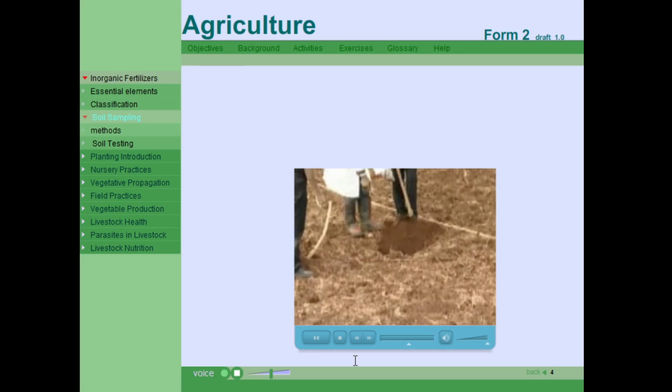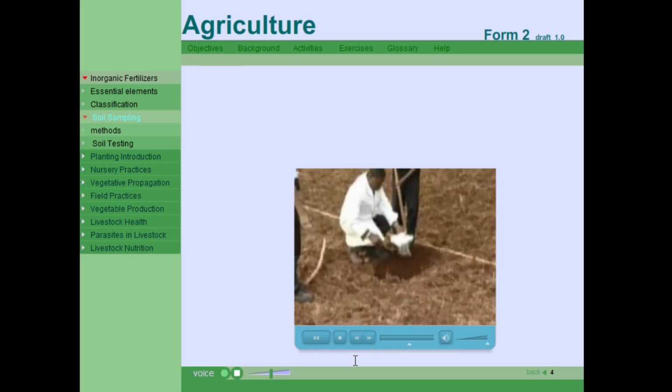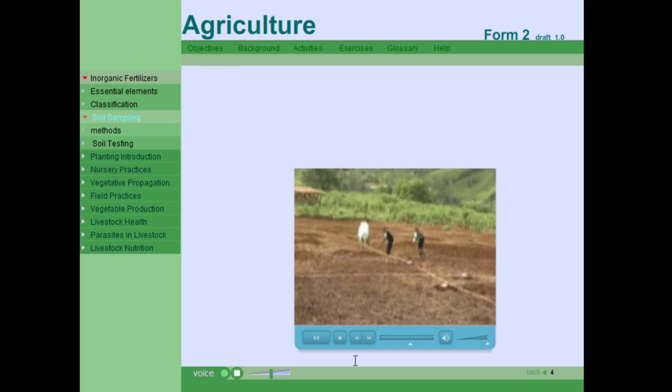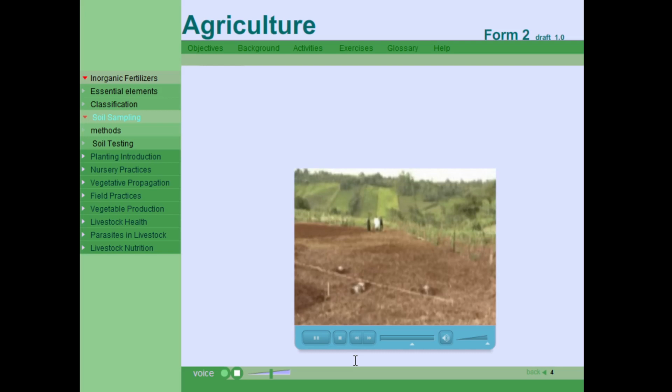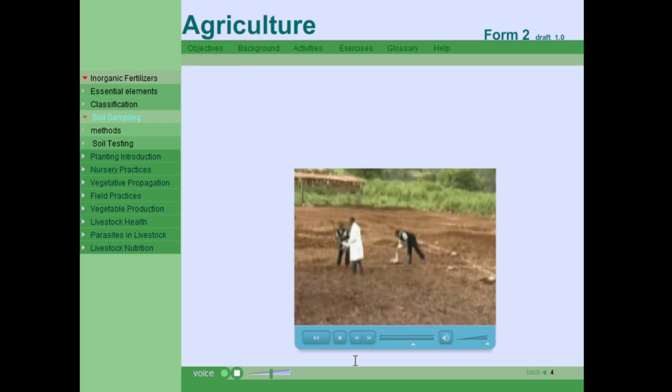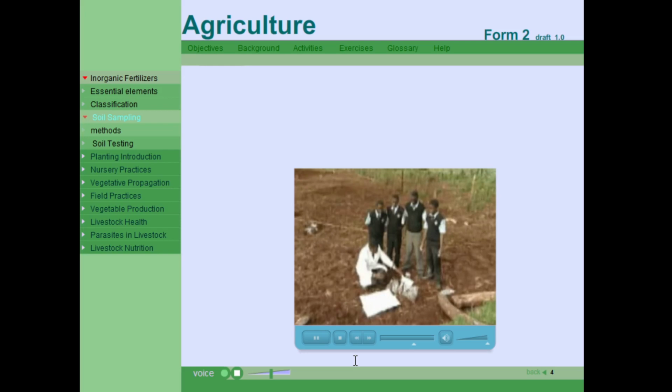This is the second point where we shall collect our soil sample. Managed to get 6 bags of our soil samples.